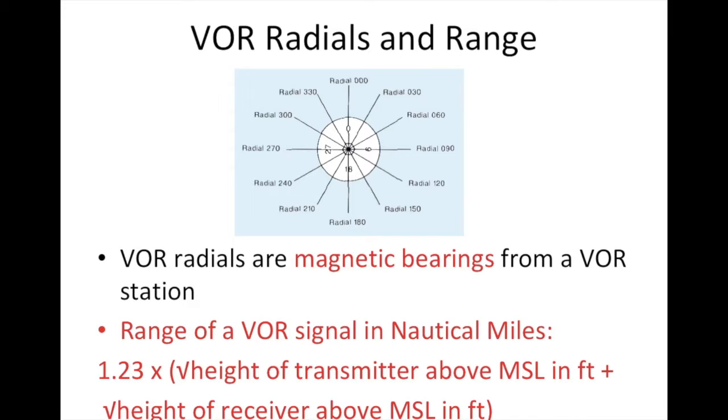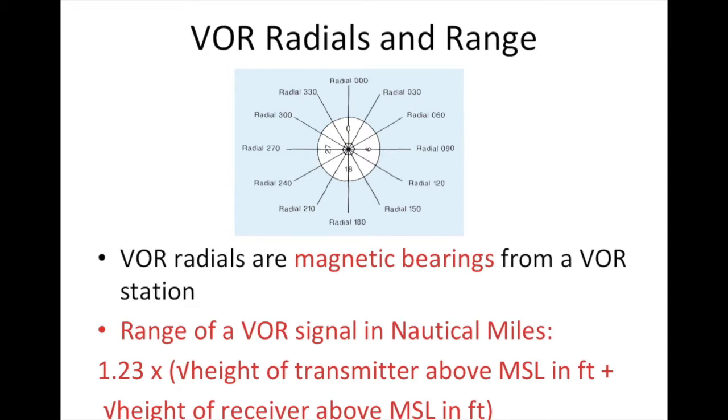If you draw a track on the map and measure the direction of the track based on the true direction from the map itself, that has to be converted into a magnetic bearing using the magnetic variation for the area that you're flying in. But usually when you see the radials drawn out from a VOR station on a map, you need to understand fully that these are magnetic bearings.